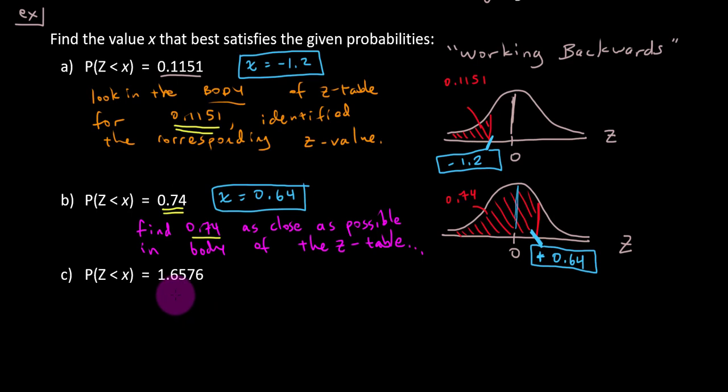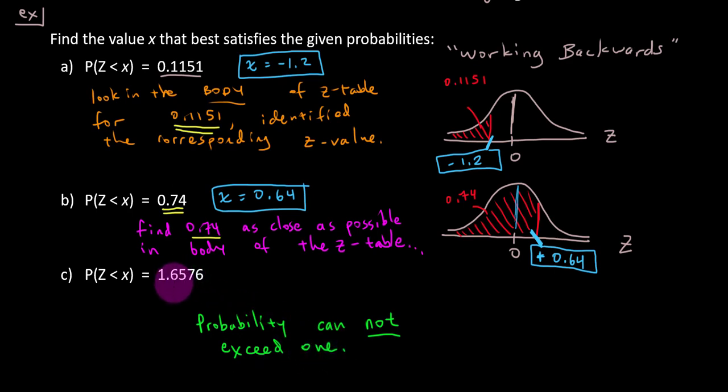However, let's remember, what is the largest a probability can ever be? A probability at its smallest is 0, and at its largest is 1.